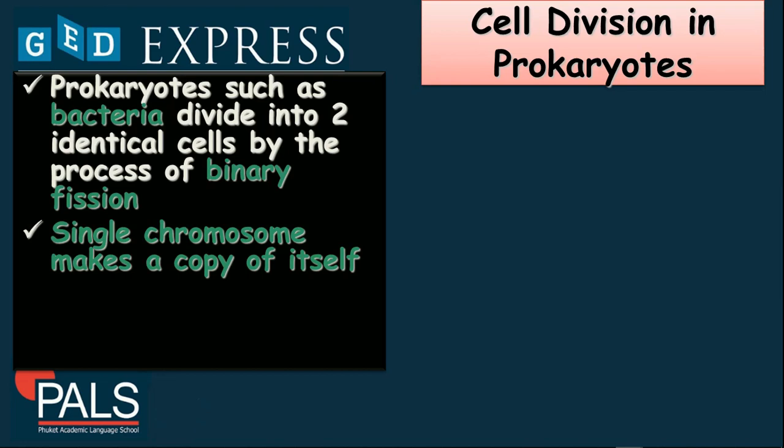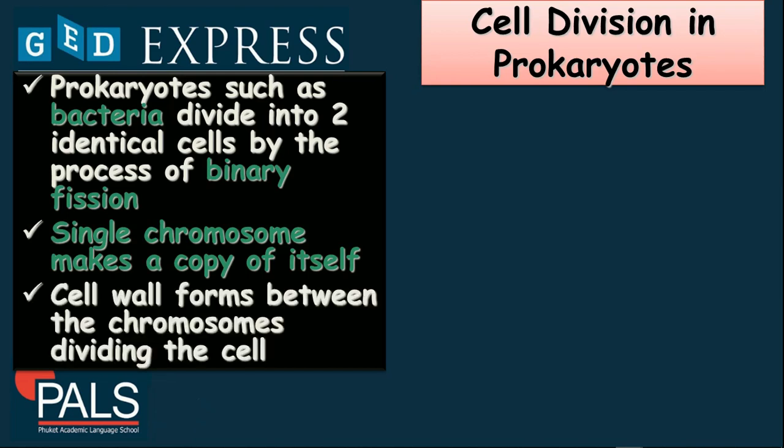So from a single chromosome, it makes its own copy. And a cell wall forms between the chromosomes, dividing the cell. The cell wall itself is what divides the cell into separate parts.